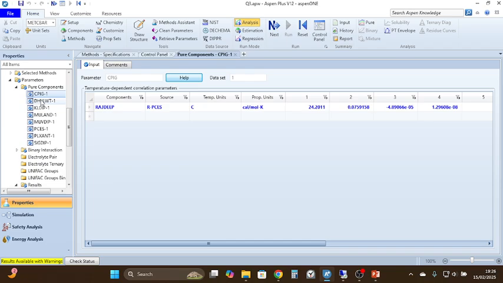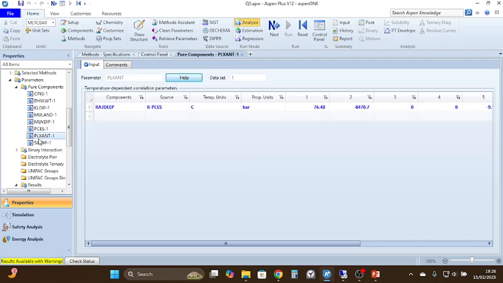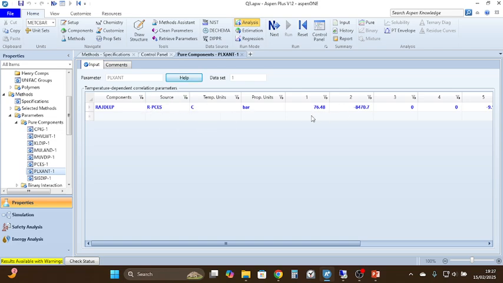CPIG is also calculated. The units are given over here. This is PCES: the boiling point temperature, the critical temperature, the critical pressure, everything is given for this component over here. And the source is also given, that is from PCES, it has calculated.